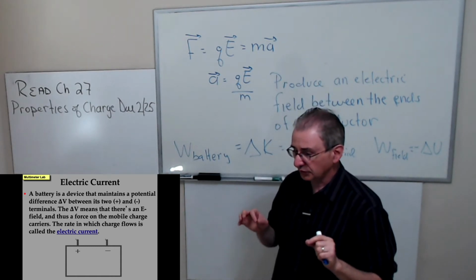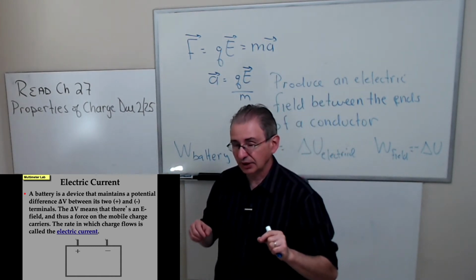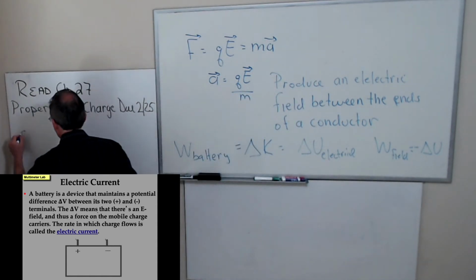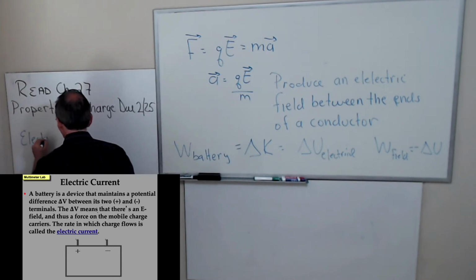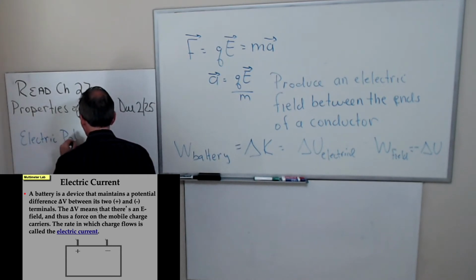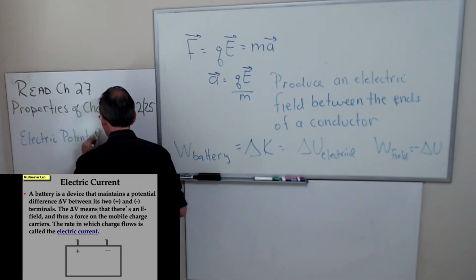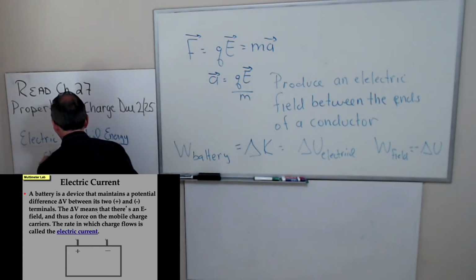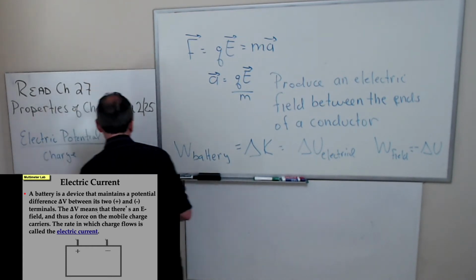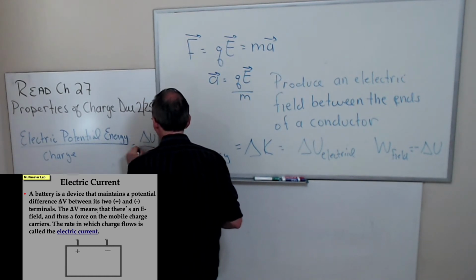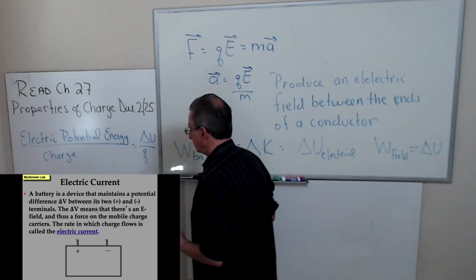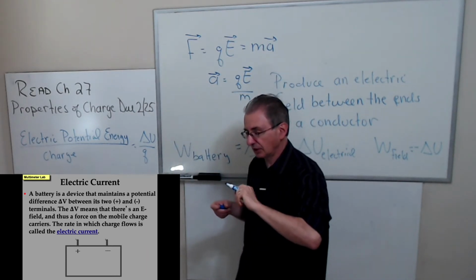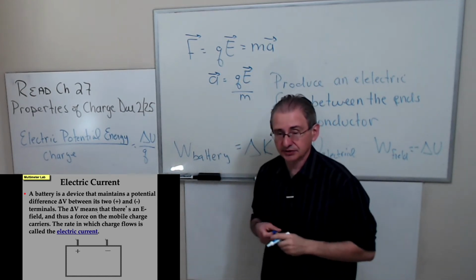Normally, what we do is we talk about the electric potential energy per unit charge, which is delta U over Q. We describe the battery in terms of how much electrical potential energy a single charge gets.